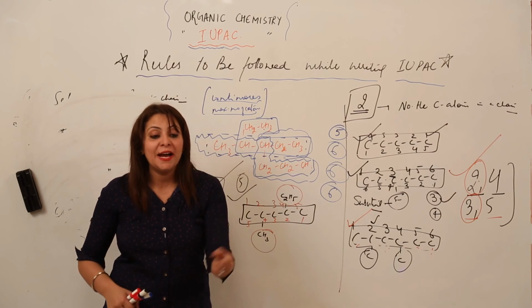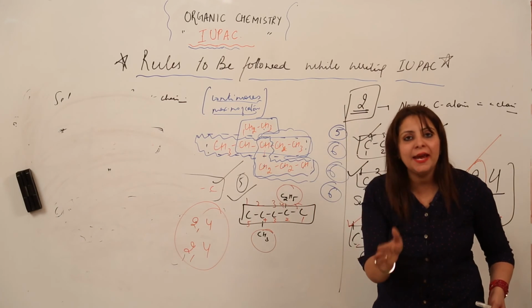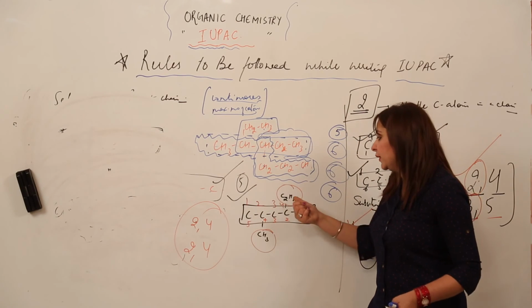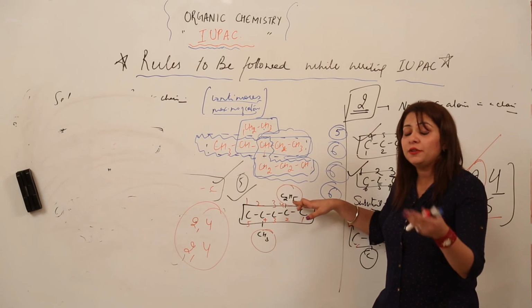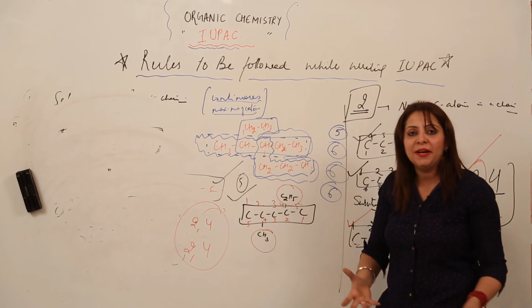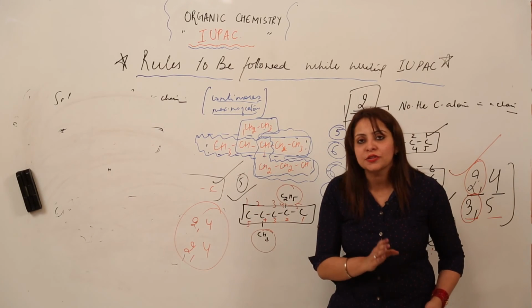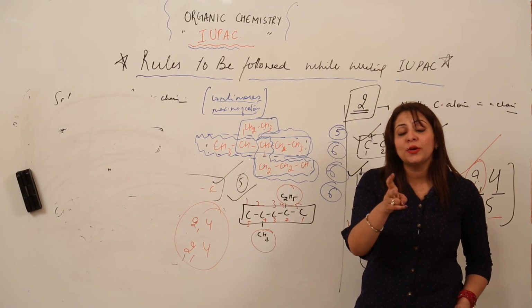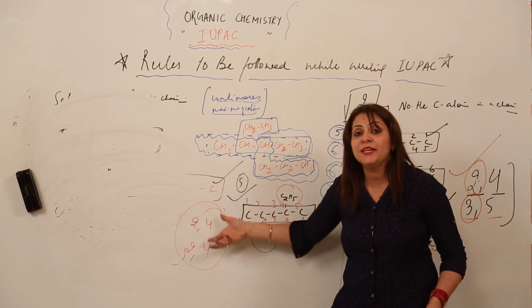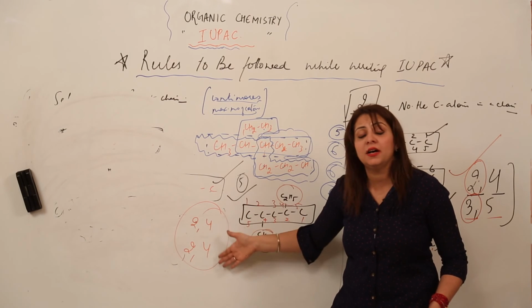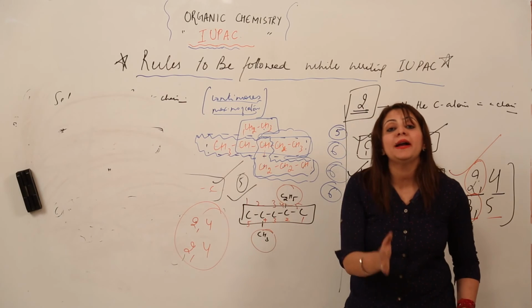Just keep in mind, write in your copies, that if the two substituents are the same, for example if it was CH3 and CH3, then it hardly makes a difference whether you number from this side or that side. Either you can use. But if the two substituents are different from each other, and we cannot use the lowest set of locants rule because the positions of the locants are the same, then you use the alphabetical order.